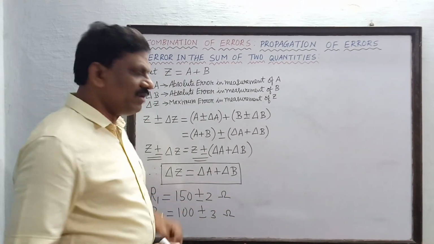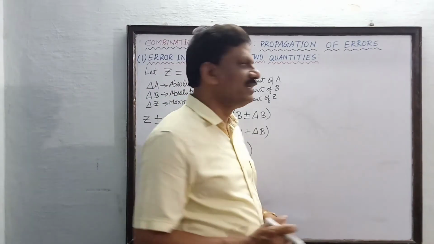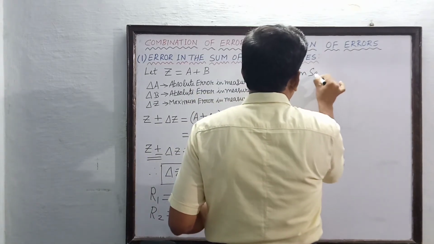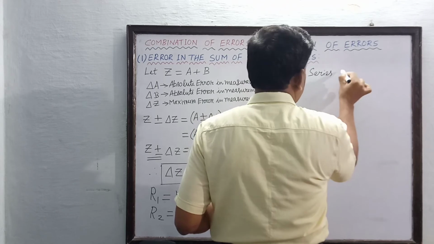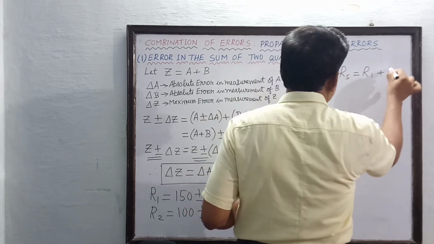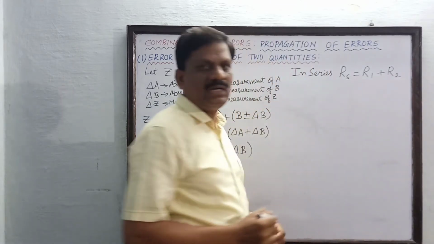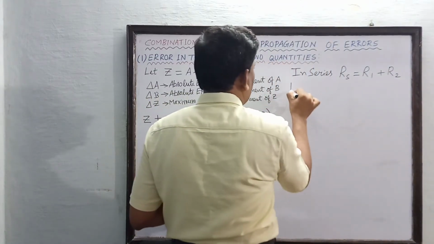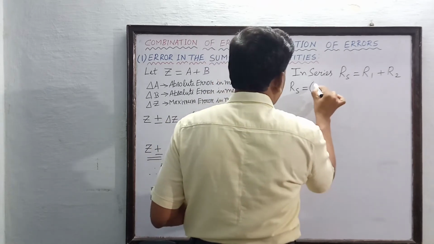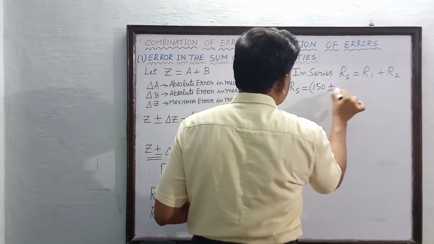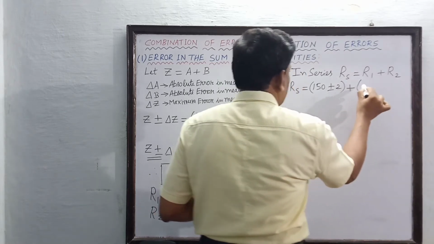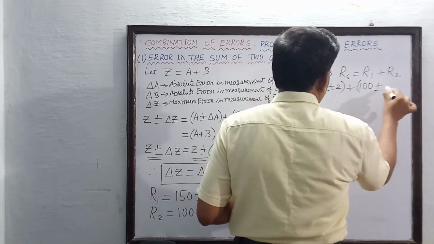So I am going to find the effective resistance in series. In series, R series is equal to R1 plus R2. So this R series is now equal to 150 plus or minus 2, plus 100 plus or minus 3.